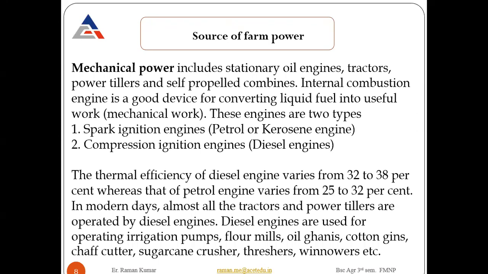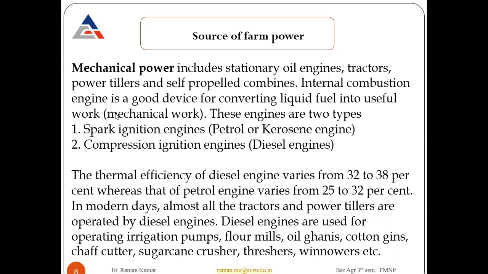Next, among the sources of farm power, we have mechanical power. Mechanical power includes stationary oil engines, tractors, power tillers, and self-propelled combines. An internal combustion engine is a good device for converting liquid fuel into useful work.